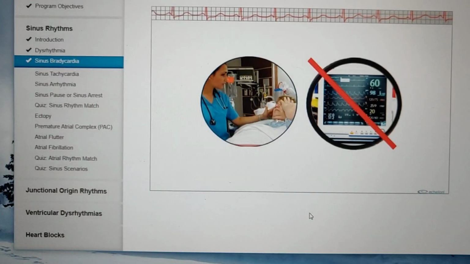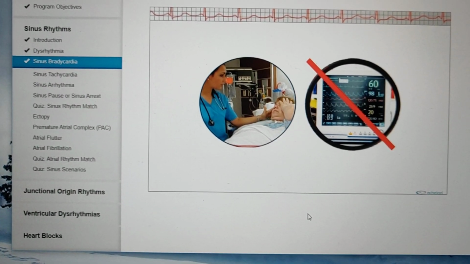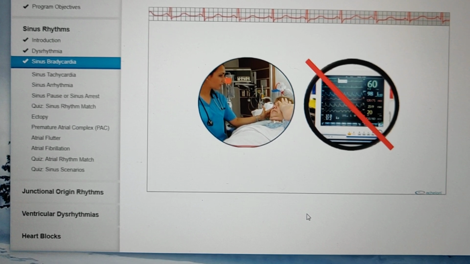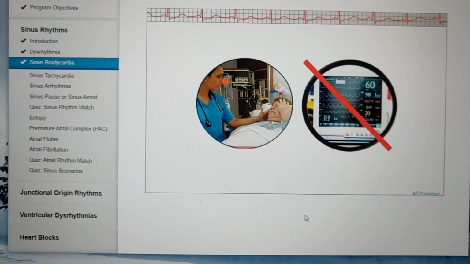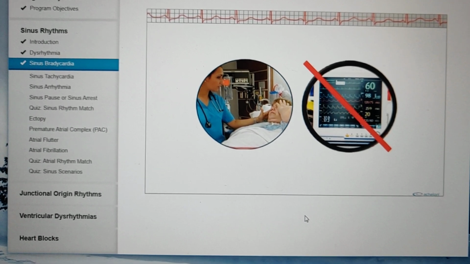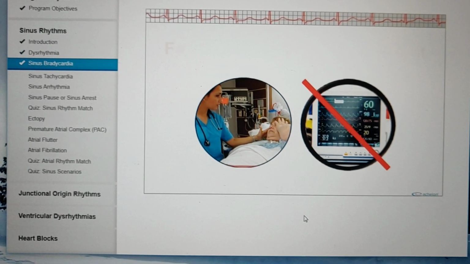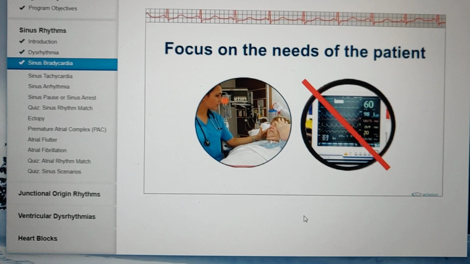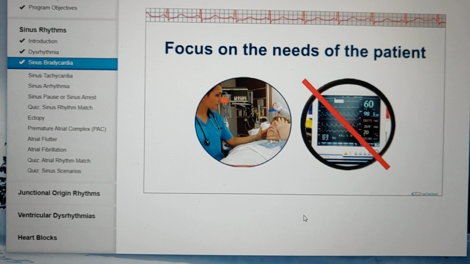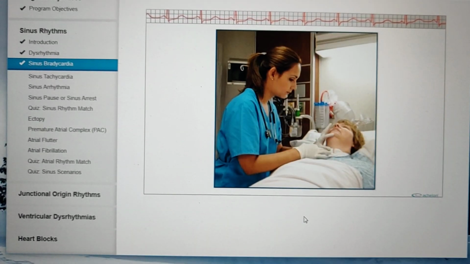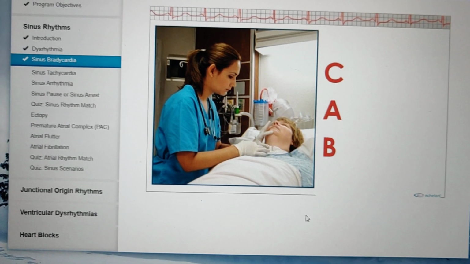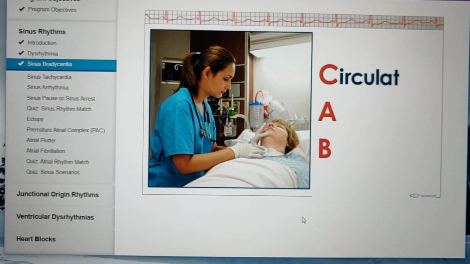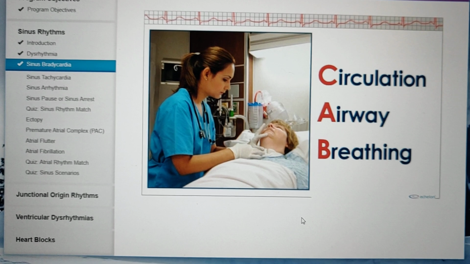When deciding if or how to intervene when a patient is experiencing sinus bradycardia, it is critical to follow a specific process. First, as always, remember to focus on the needs of the patient, not the readings from the monitor. Be sure to thoroughly assess the patient following the CABs of assessment, which, as you know, are circulation, airway, and breathing.